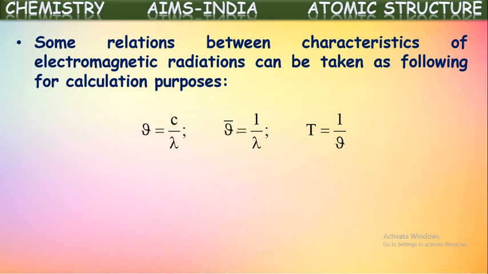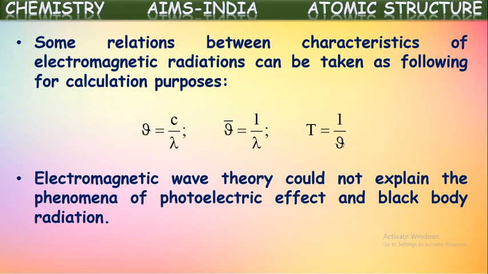One more relation: nu bar is equal to 1 by lambda, where nu bar represents wave number and lambda represents wavelength. So wave number is the reciprocal of wavelength. And the time period t is equal to 1 by nu, inversely proportional to frequency. Reciprocal of frequency is time period. These are the relations which we generally use for calculation purposes.